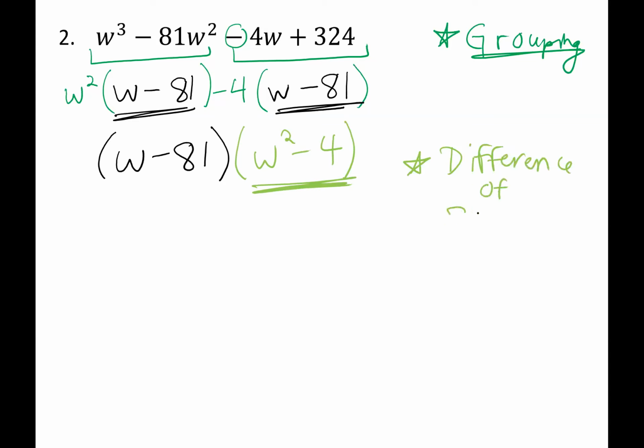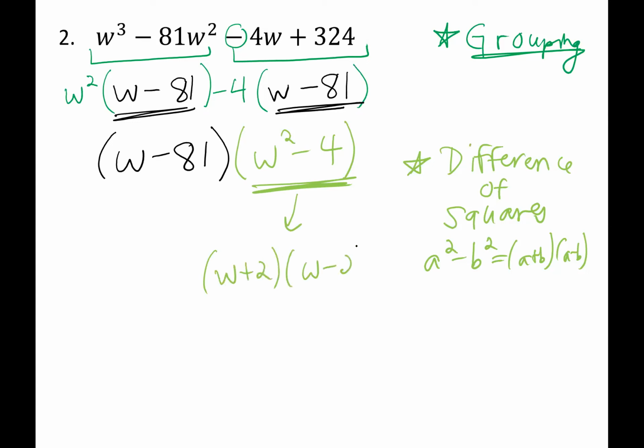That's that recent formula that we learned, a squared minus b squared equals a plus b, a minus b. So w squared minus 4 can be broken down into w plus 2, w minus 2.